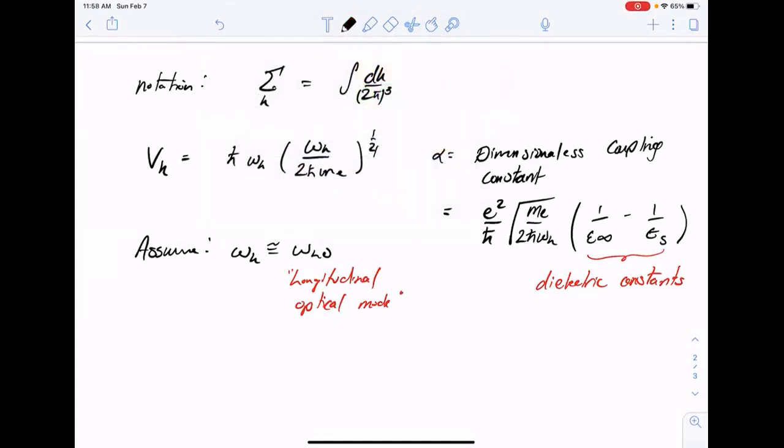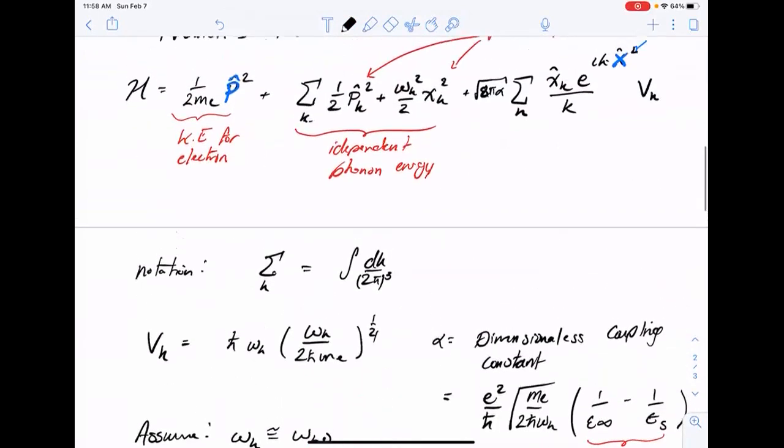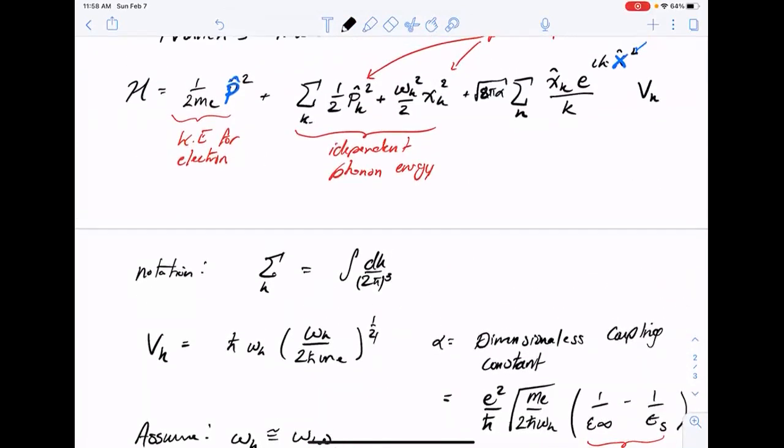Okay, so then provided some dielectric constants measurable through a dielectric spectroscopy or a capacitance measurement, a longitudinal optical mode, factors of fundamental constants like Planck's constant h bar, charge on the electron, we have essentially everything we need to know to parameterize this Hamiltonian.